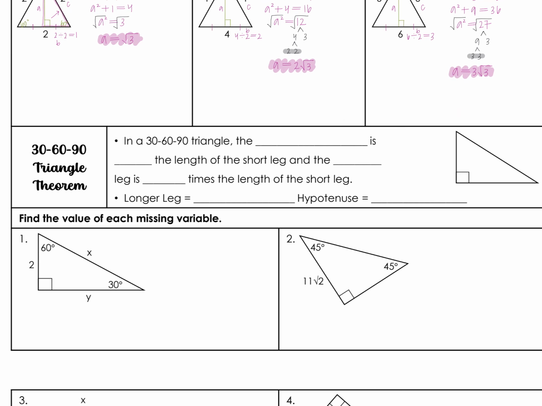All right, so we have our 30, 60, 90 triangle theorem.